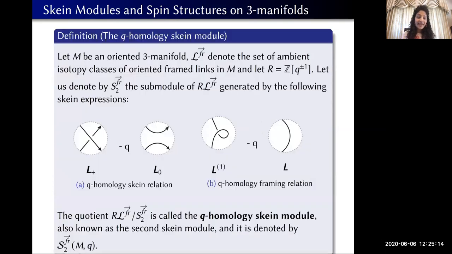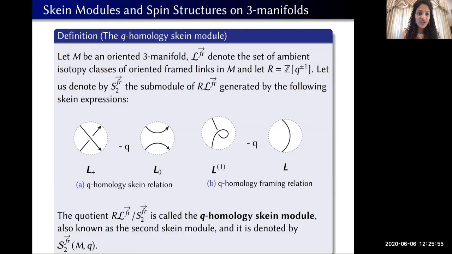Okay. Next is the connection to the Q homology Skein module. So this Skein module is defined as follows. You consider linear combinations of ambient isotopy classes of oriented framed links in M, modulo the Q homology Skein relation L plus minus Q L0, and the Q homology framing relation L1 minus Q L. Modding out by these Skein expressions and the framing expressions gives us the Q homology Skein module, which is also known as the second Skein module.